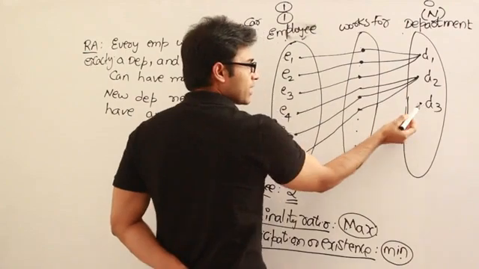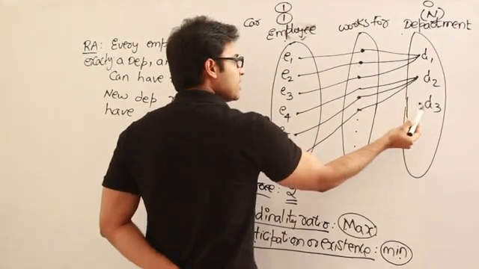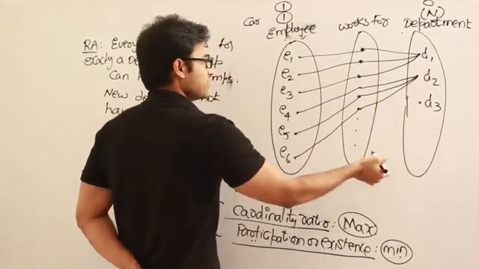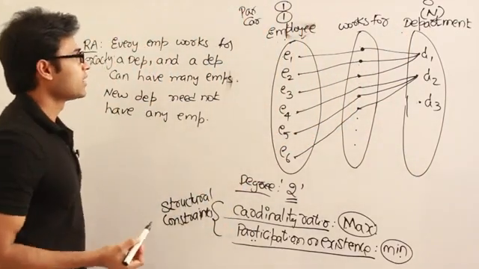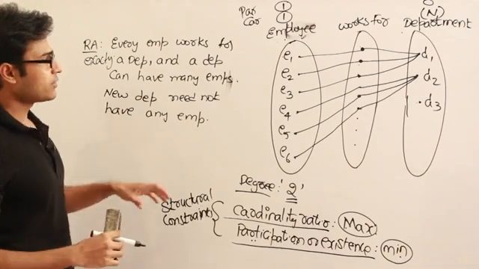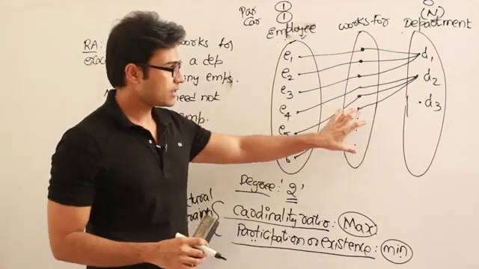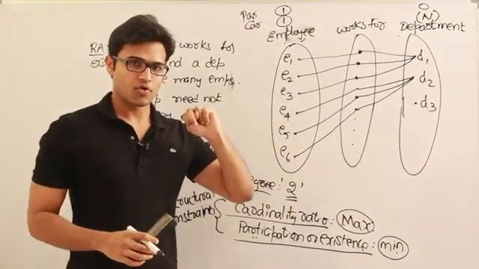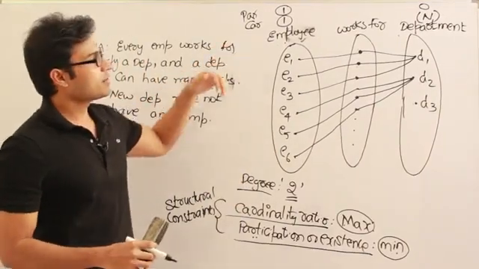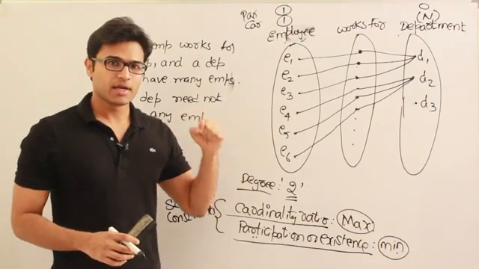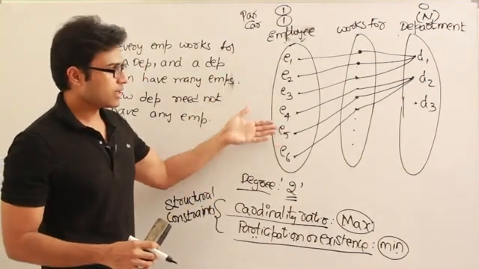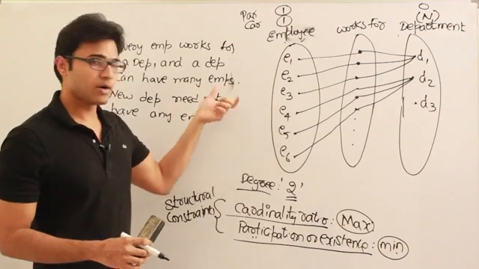The reason is, if you look at this newly formed department D3, it is not participating in any of the relationships. Therefore participation is 0. Are you understanding this? The degree of this relationship is 2 because two entities are involved, and cardinality is the maximum number of relationships an entity can be present in. That depends on the type of verbal specification.